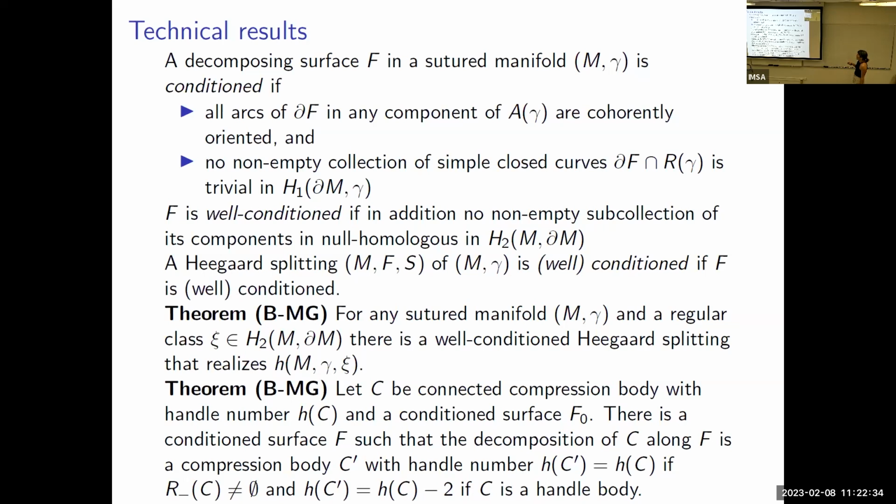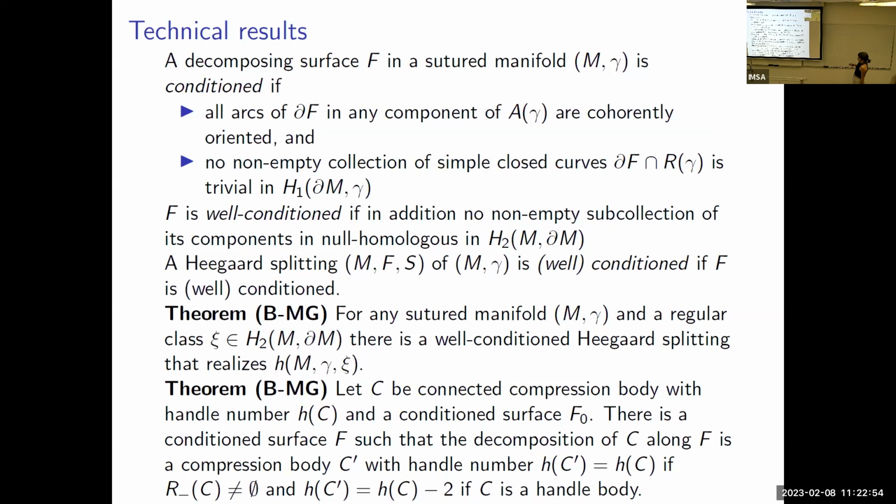It is well conditioned if the two conditions above hold, and in addition no nonempty subcollection of these components is null-homologous in the second homology.